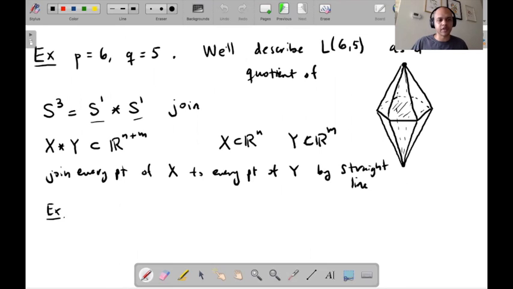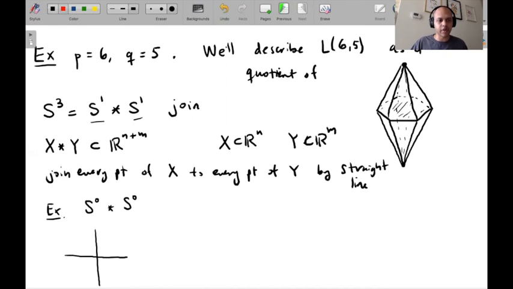So a lower dimensional example that's nice to think about is the join of the zero-dimensional sphere with itself. The zero-dimensional sphere is the points at unit distance from the origin in R1. So here's the zero sphere, and I want two copies of the zero sphere, and I take the join.